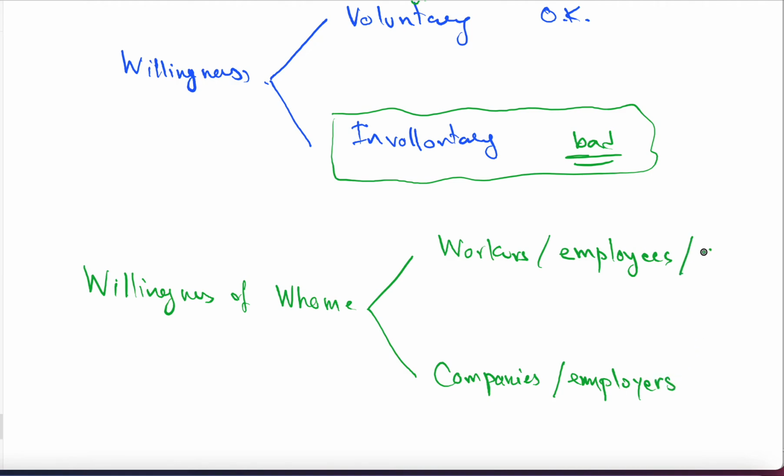These are the suppliers, or these are the demanders. Is it a demand side issue or a supply side issue?